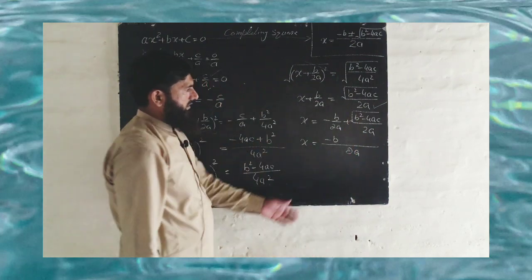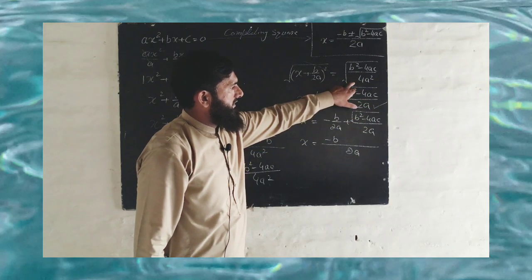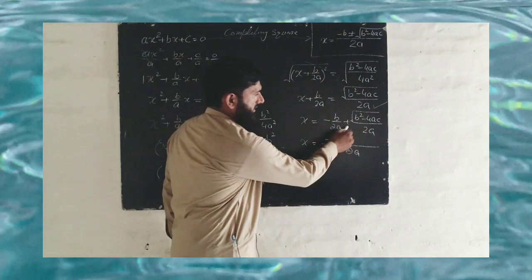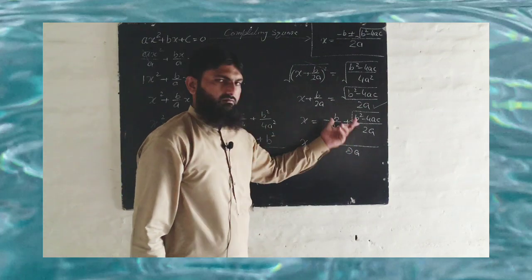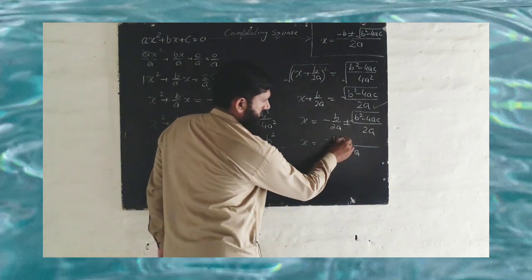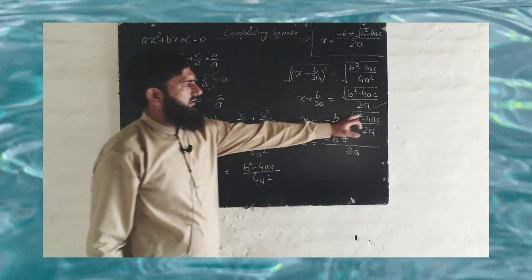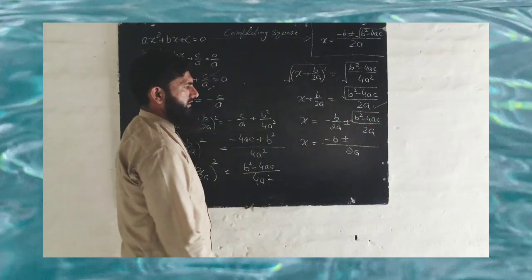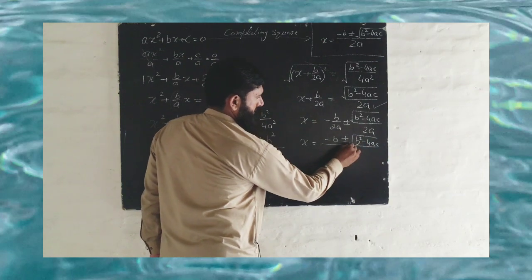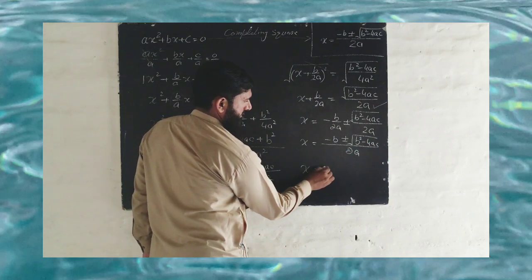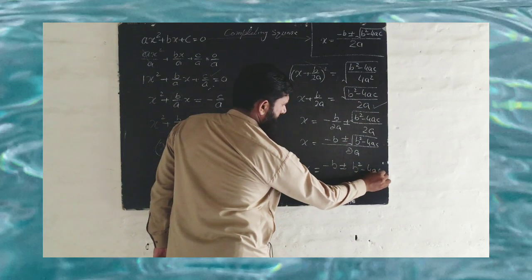When this term 4a square is resolved into 2a, we will get 2 signs here. After taking the square root, we will get 2 signs, which is plus minus. Here 2a divided by 2a is 1, and 1 is multiplied by the numerator, which is in the under root form, b square minus 4ac.